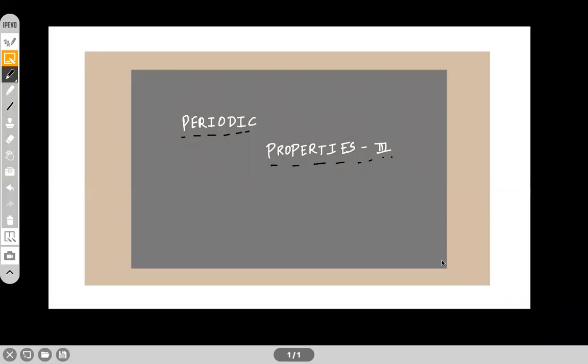So all those covalent radius, van der Waals radius, we had discussed. Have we discussed ionic radius?